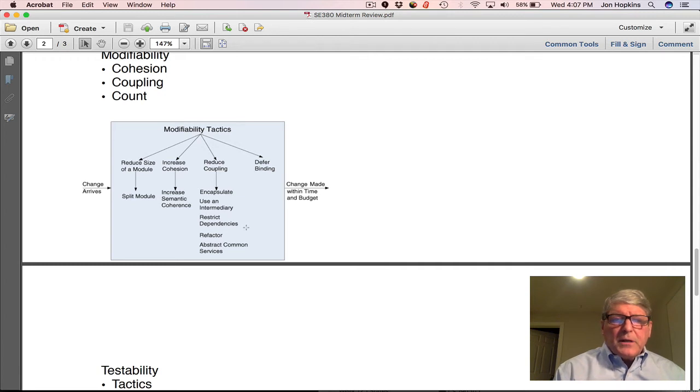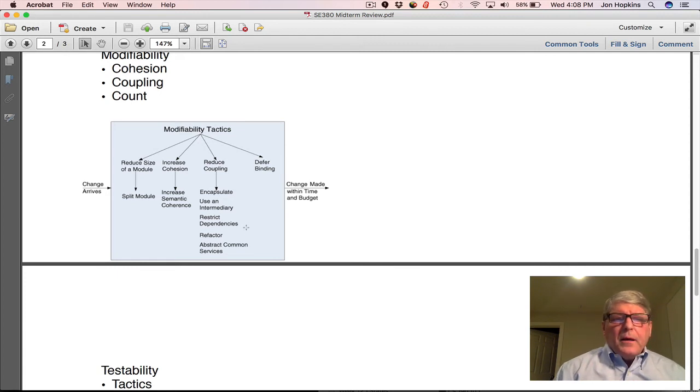So what are our strategies for reducing coupling? The main ones that we looked at were encapsulating and making sure that we don't go off base when we need to go get something unless we absolutely have to. We also looked at using intermediaries so that we're always going to the same place to get an update or to go get some data, so that we're only dependent on one module.